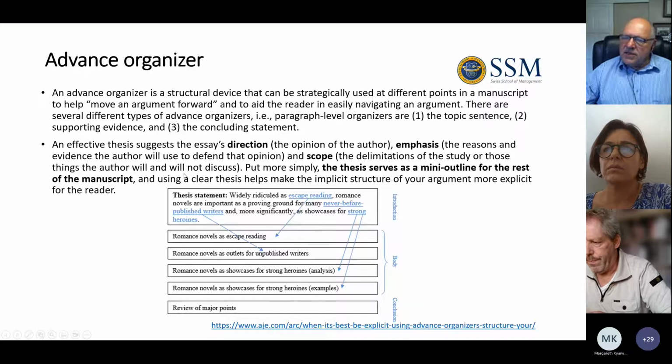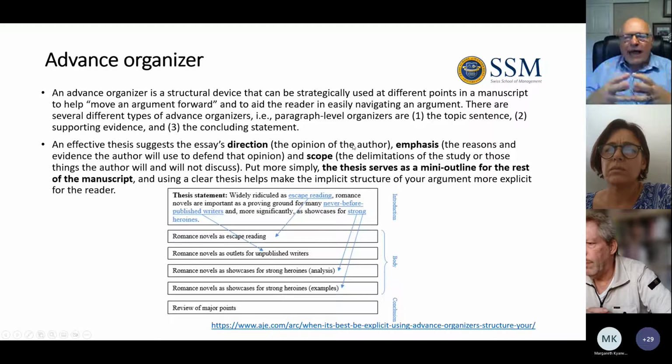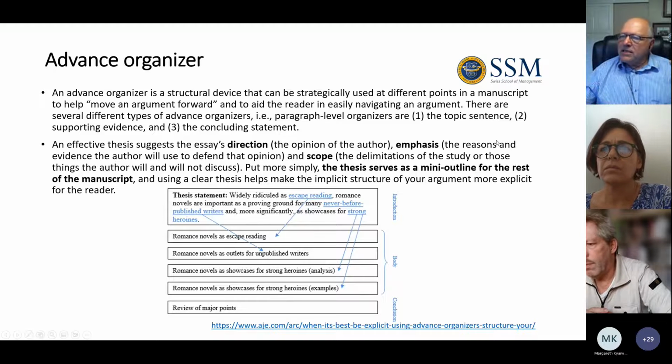An effective thesis suggests the essay's direction. So you say beforehand what you're going to do. You put the emphasis, for instance, on the reasons and evidence and the scope, in your thesis statement. The thesis statement is like a mini outline for the rest of the manuscript.